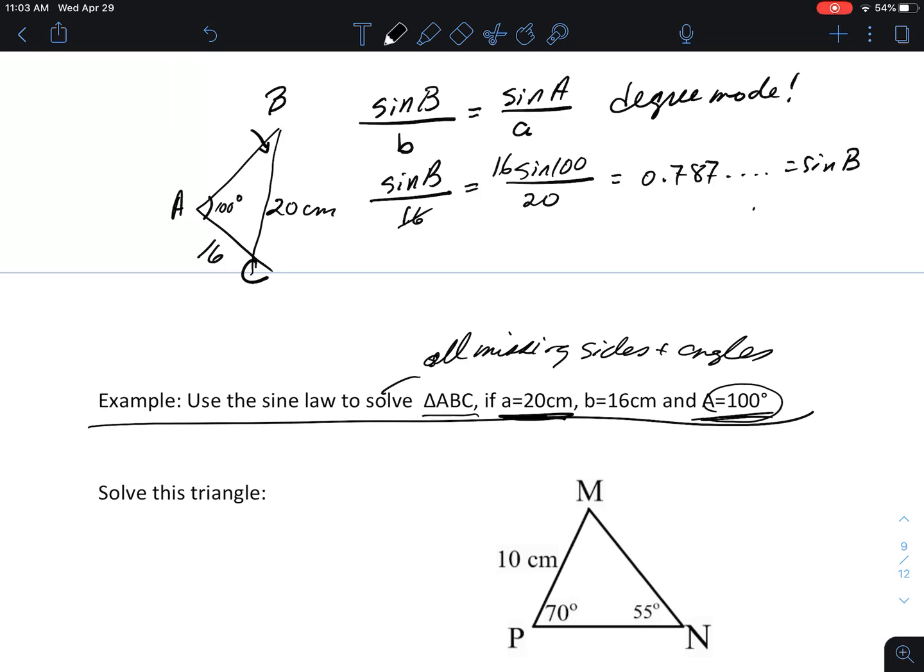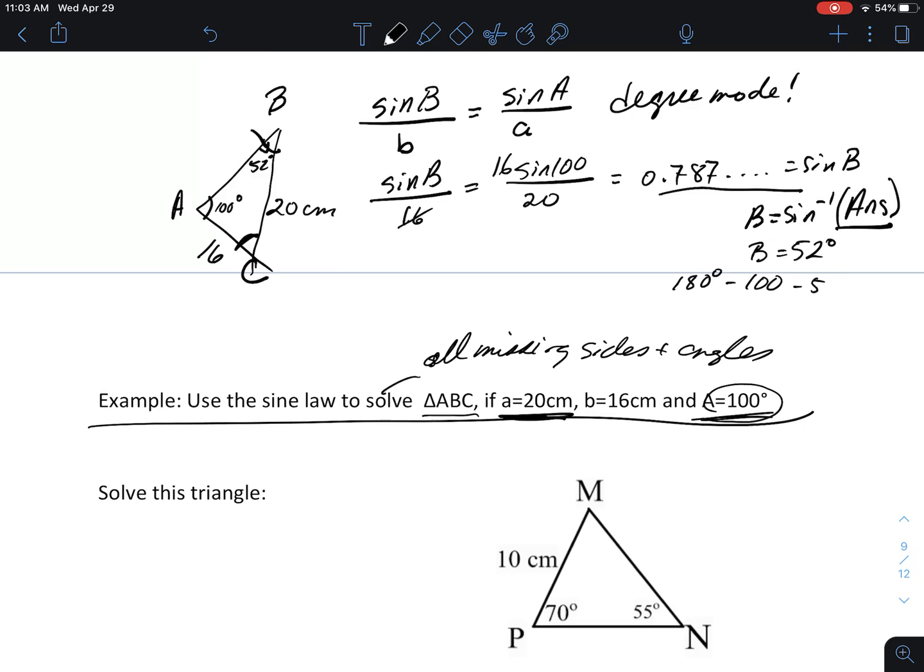And then divide that by 20, and I get 0.787, and so on. So if that's what sine B is, B would be the inverse sine of that value. And I'm going to write in here, answer, and that's on the calculator where you hit second function and then the little negative sign, and it types in all of this, so I don't have to type it out again. And if I do that, I get 52 degrees.